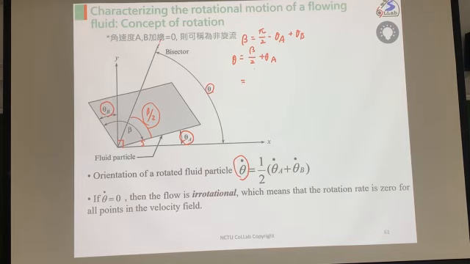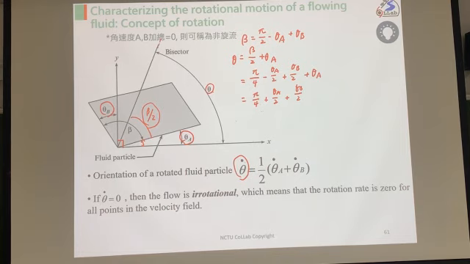Okay, so I expand this equation because I know that beta over 2 is equal to pi over 4 here, minus theta A over 2, plus theta B over 2, and here plus theta A. Okay, and then here is pi over 4 minus theta A over 2, and here is plus theta A. The total is theta A over 2, and keep here theta B over 2.